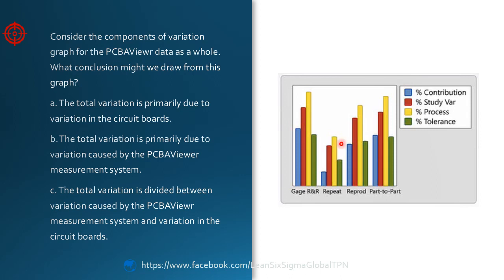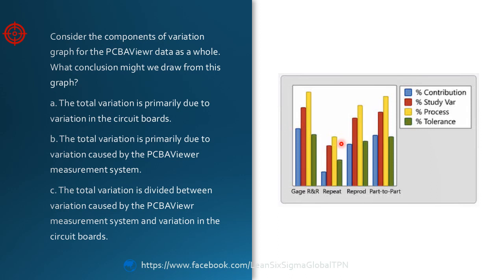A: the total variation is primarily due to variation in circuit boards, or B: the total variation is primarily due to variation caused by the PCBA viewer measurement system, or C: the total variation is divided between variation caused by the PCBA viewer measurement system and variation in the circuit boards. So what is your answer?